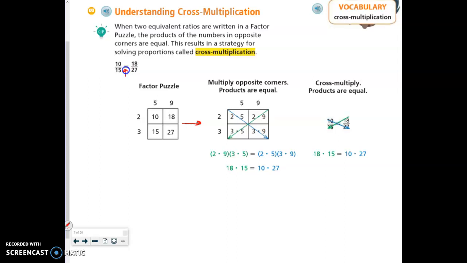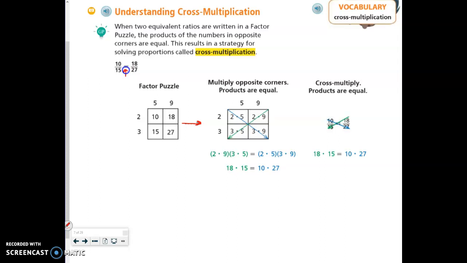The reason we're doing that is to show you why cross multiplication is something we can do to help us solve these problems. We talked about the properties of multiplication, how you can multiply numbers in any order as long as the operations are all the same. As long as it's all multiplication, does it matter if I multiply 2 by 9 first or 2 times 5 first? No, it doesn't, as long as all of the factors are the same.